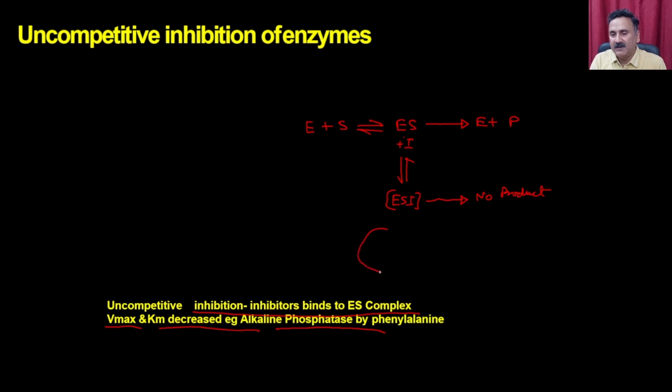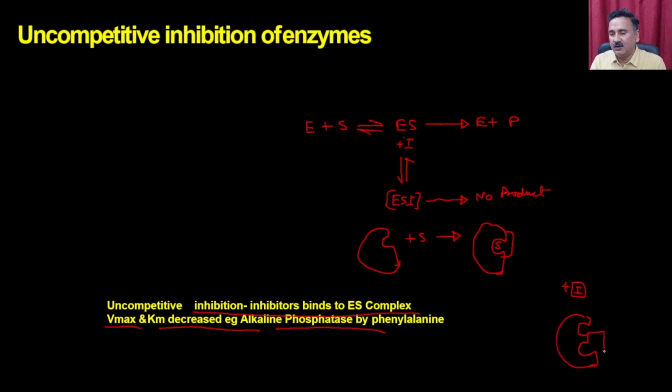So you have an enzyme, it has an active site. It's going to interact with the substrate and form the enzyme substrate complex. Now at this stage, if you add the inhibitor molecule, it will have an additional site.